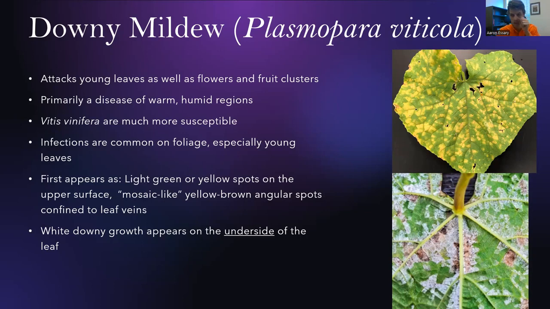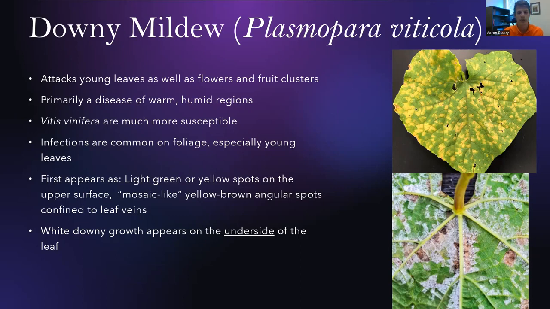And then I have pictures there of what it looks like. On the top right, it has this mosaic yellow look. But on the underside of the leaf, you have these downy growths of white fungus, mycelium. The difference between powdery mildew and downy mildew is that downy mildew is always on the underside of the leaf.